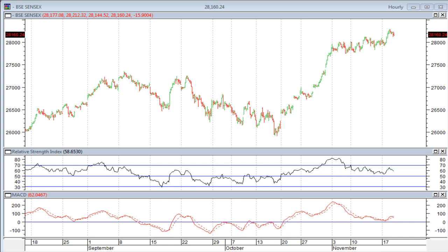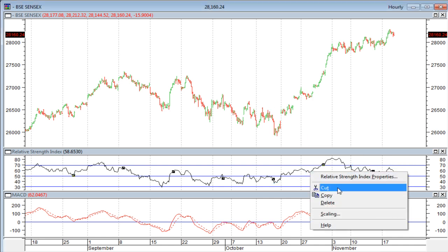Let me change colors here so we don't have confusing or conflicting colors. So just want to show you that this is 26 period, and you can see that after this break, the market on an RSI relative basis has been coming back to that line and showing resistance. Now let me switch back to 14.